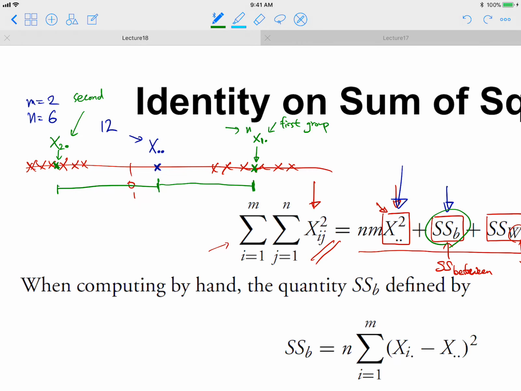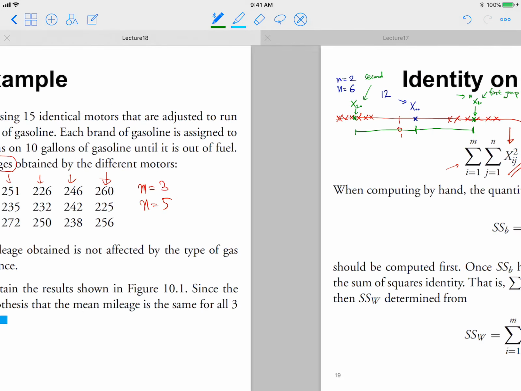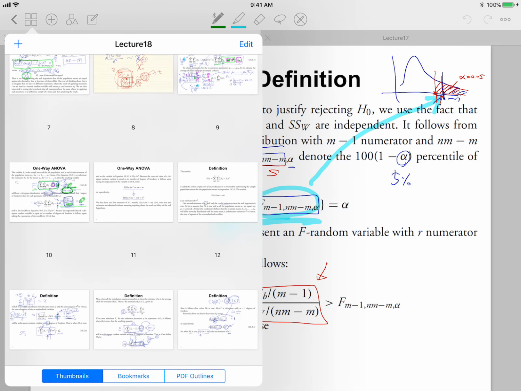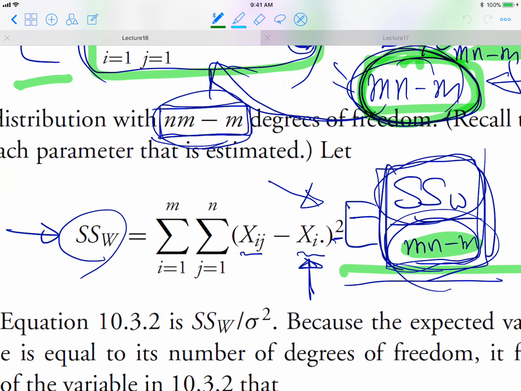And then what about SSW? SSW was just the sum of squares of the difference between an individual observation and its corresponding sample mean.